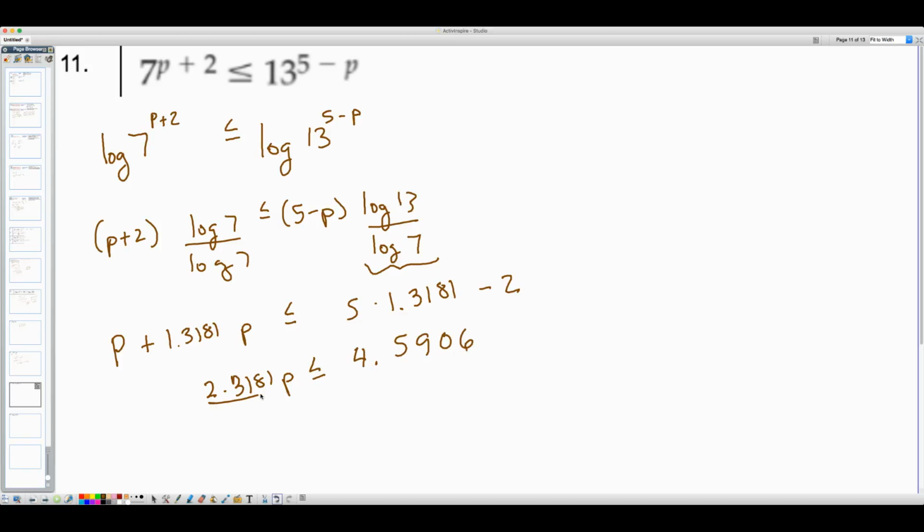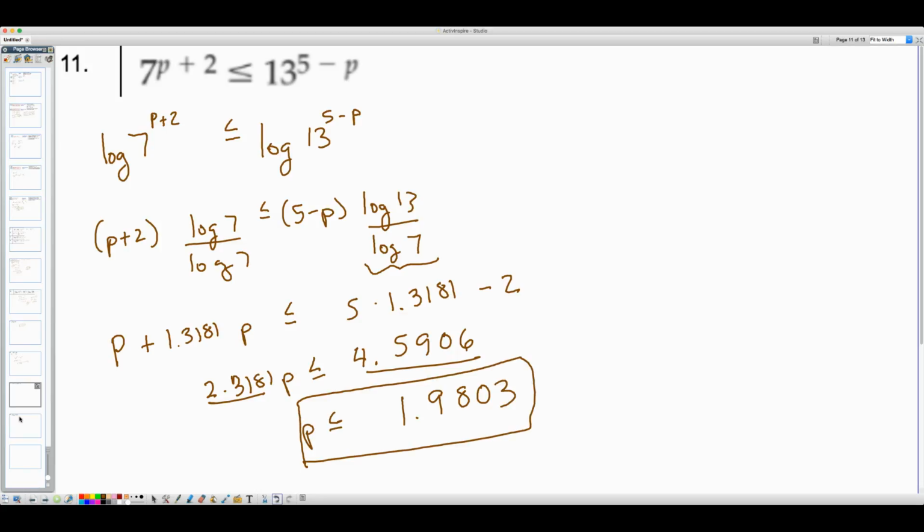I'm going to divide both sides by 2.3181. I get p is less than or equal to 1.9803. And that looks good to me. But the idea behind how to do it is something that you all should know and recognize how to do.